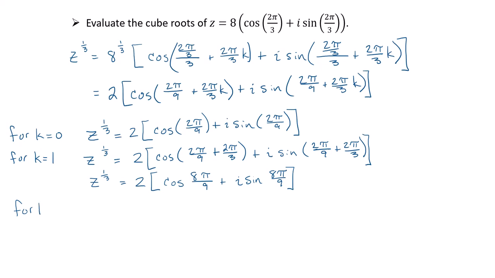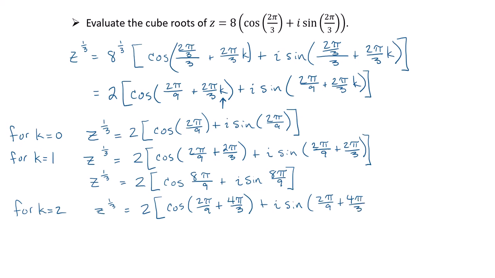For k equals 2, we have z to the 1/3 equals 2 times cosine of 2 pi over 9 plus, with k equaling 2, this will be 2 times 2 pi over 3, or 4 pi over 3 that I'm adding, plus i sine of 2 pi over 9 plus 4 pi over 3.